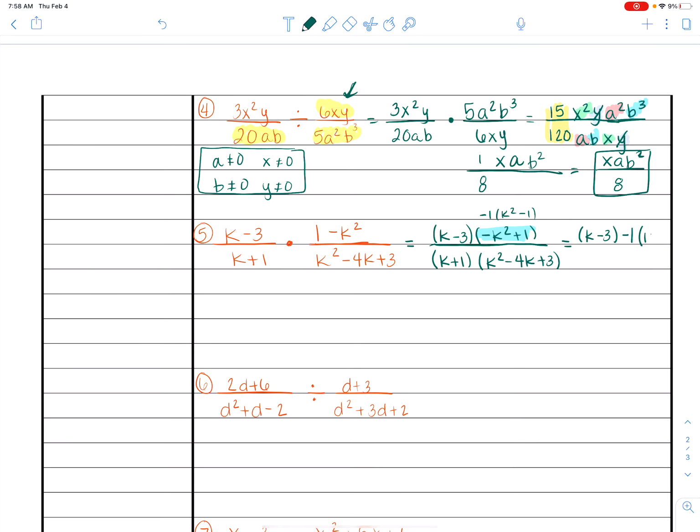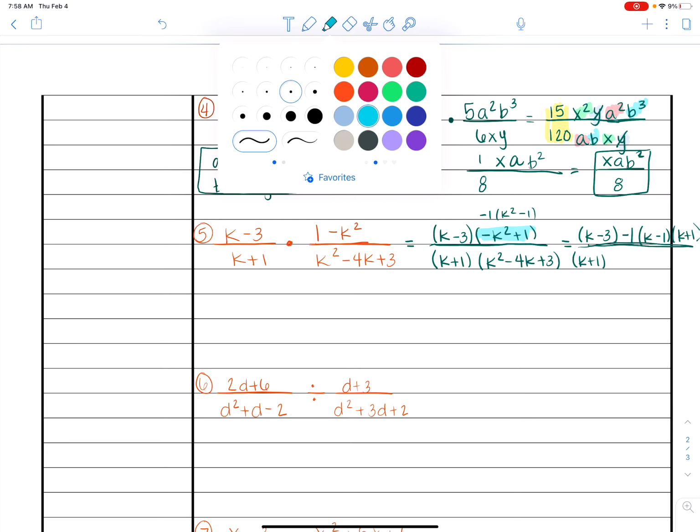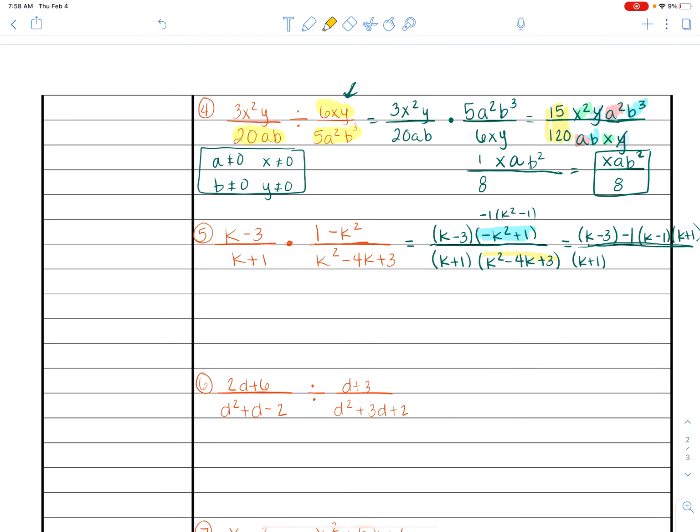That's going to factor into k minus 1 and k plus 1. Then on the bottom, k plus 1 won't factor, but k squared minus 4k plus 3 is going to factor, and that will factor into k minus 3 times k minus 1.